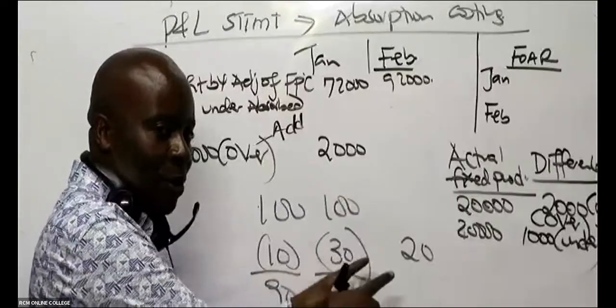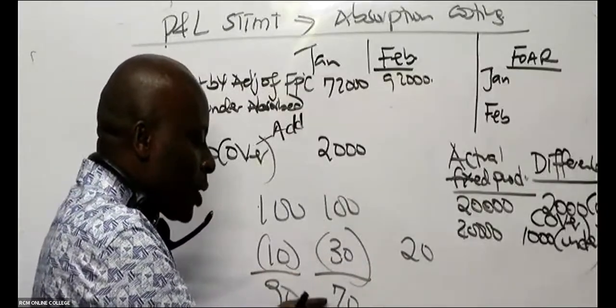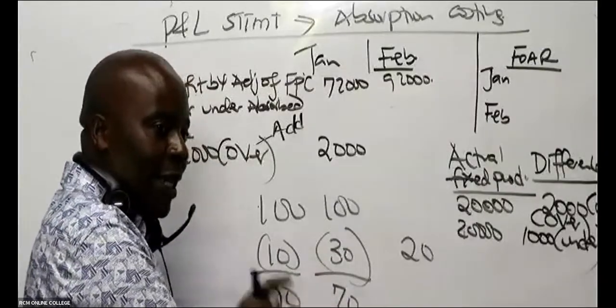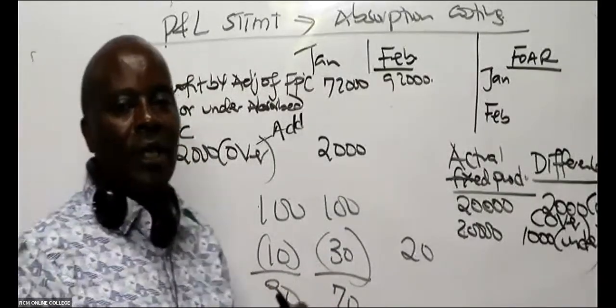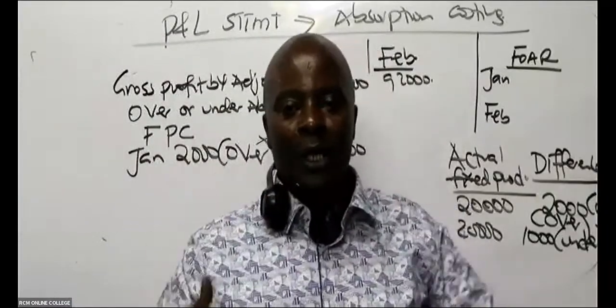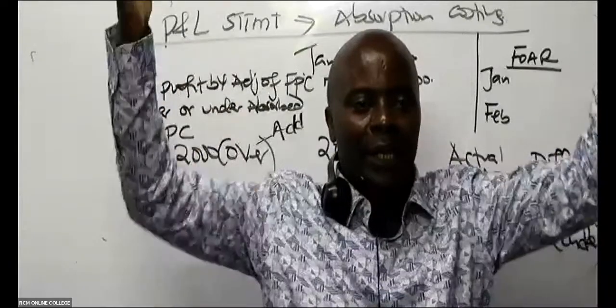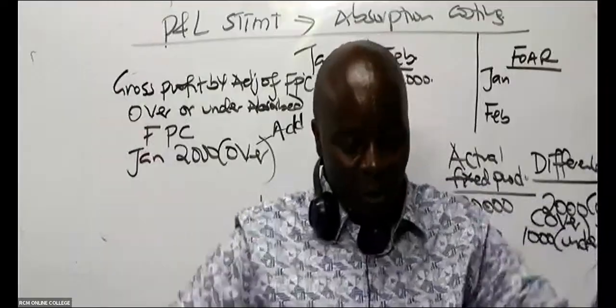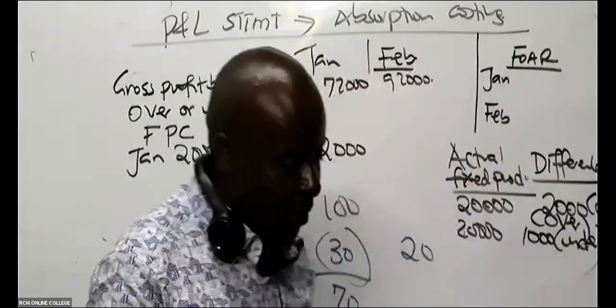So this is an over-absorption. So if I want to correct this to 70, I will go back and add what here to make it 90. So whenever it is over, I know in management accounting, at times you see things. Over means a giant. Giant means bigger, increase, add. So whenever you see over, even if you understand nothing, add. Is that okay? Over, add.